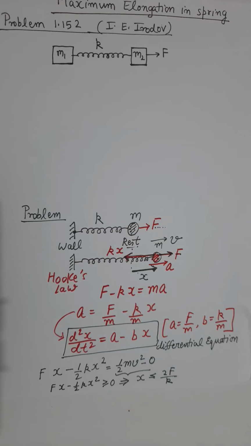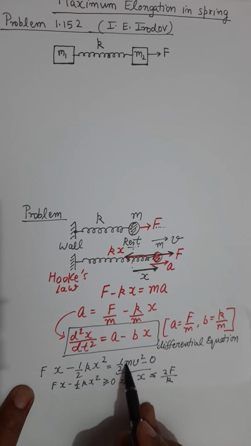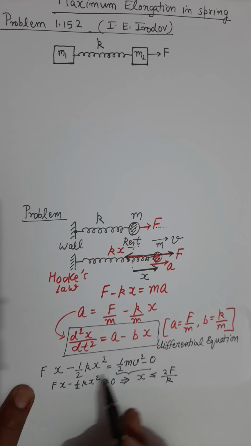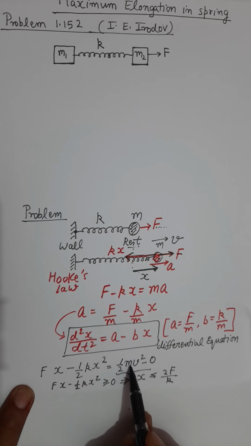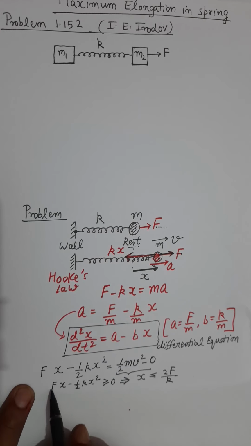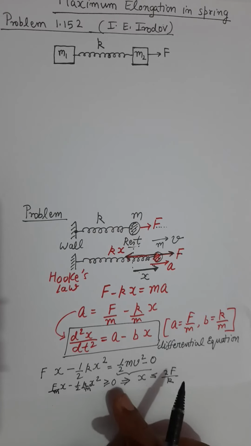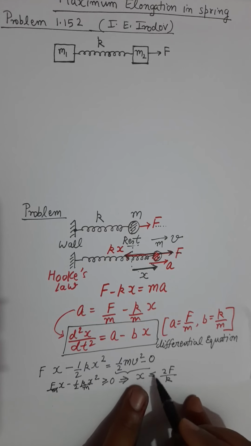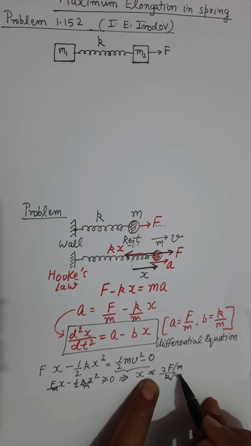In fact, if I bring down this mass m to the left side, you will get f upon m and k upon m on the left side. And through proper mathematics, you can write that x is less than or equal to twice of f upon m over k upon m.